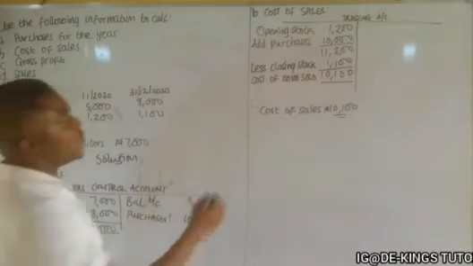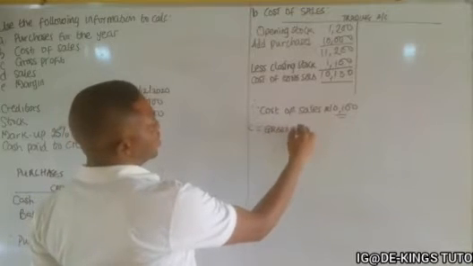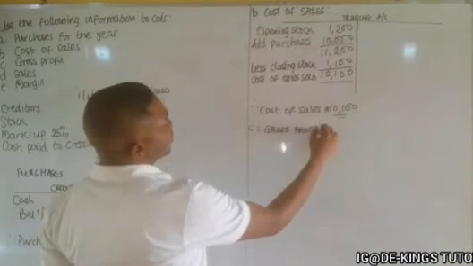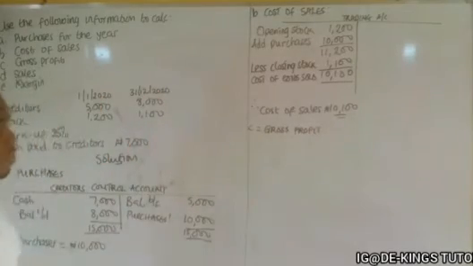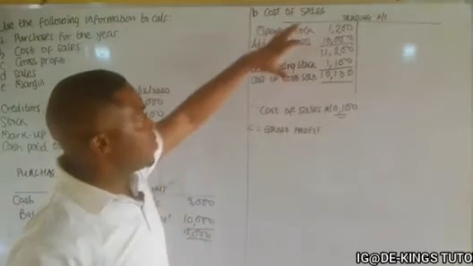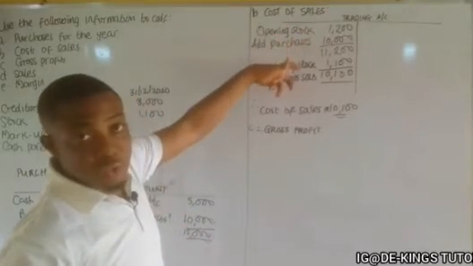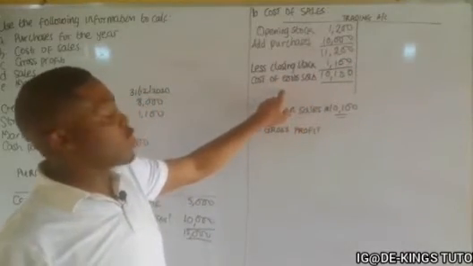The third one, which is C, is gross profit. Now, how do we get gross profit? If we wanted to use a trading account, sales minus cost of goods sold would give us gross profit.